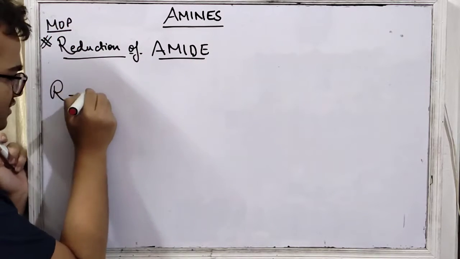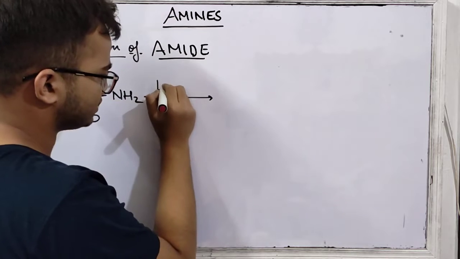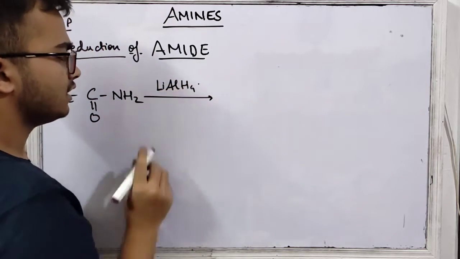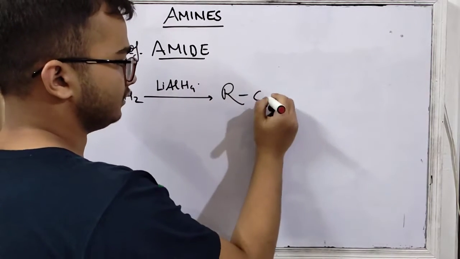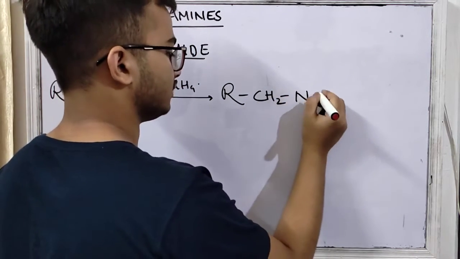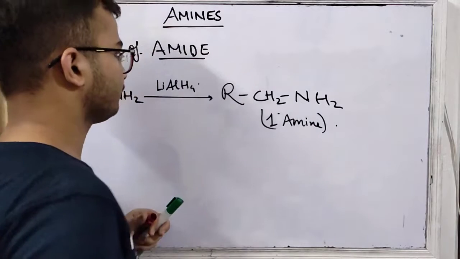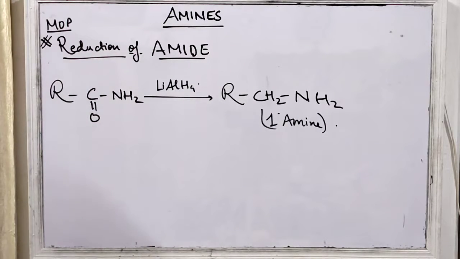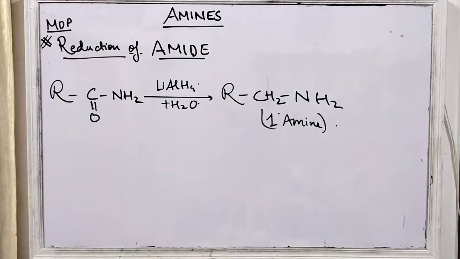I have mentioned it is RCONH2. Now here you have to take the reducing agent, which is LiAlH4, lithium aluminum hydride. As a result you get your 1 degree amine, RCH2NH2, which is a primary amine. Clear? So this was the reduction of amide. So this is LiAlH4 and then water, H2O.